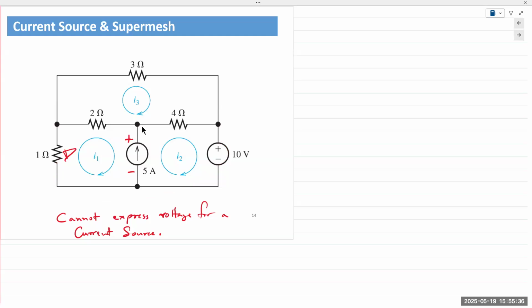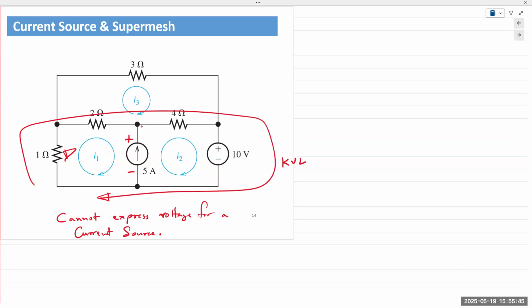So if I was to write the KVL around the outer loop containing that current source, that would be known as a super mesh, because it is combining two meshes together. When you combine two meshes together, that is known as a super mesh, and you simply apply KVL around that super mesh. In other terms, you're taking an electrical loop, not a mesh. That's all it means.